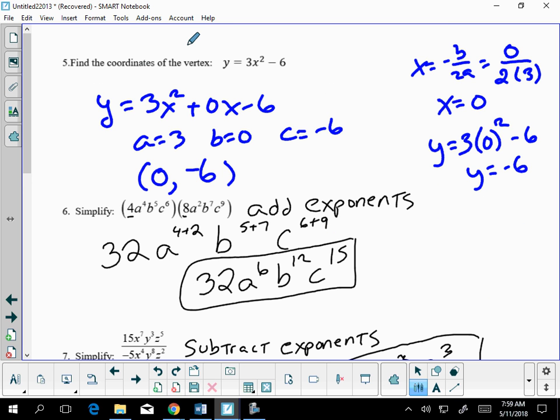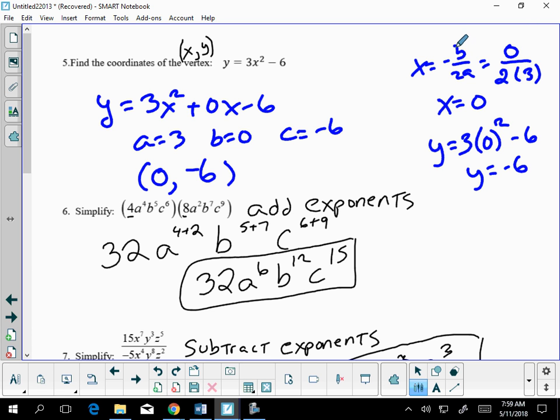The vertex, your vertex is always going to be an ordered pair. On this one, there's no middle term. There's no x. So if you want to rewrite it as 3x squared plus 0x minus 6, your a is 3, your b is 0 because we don't have anything, and your c is negative 6.